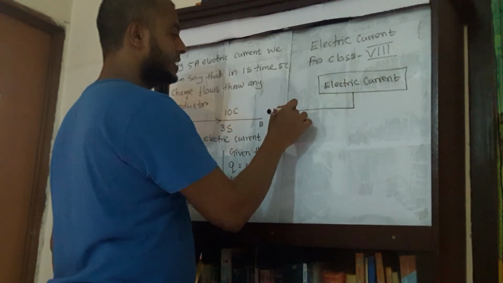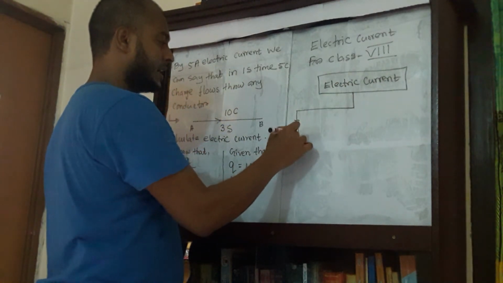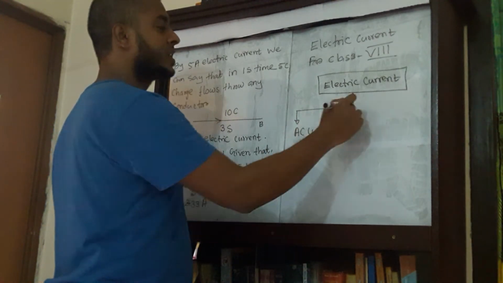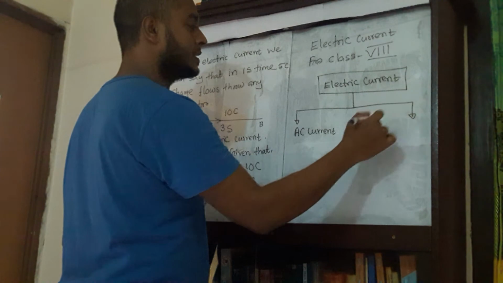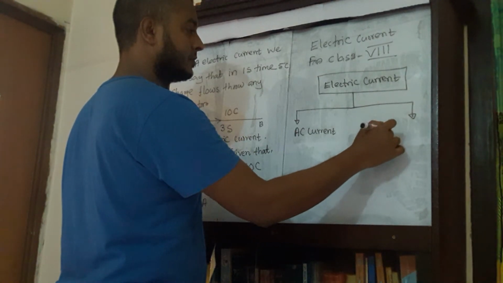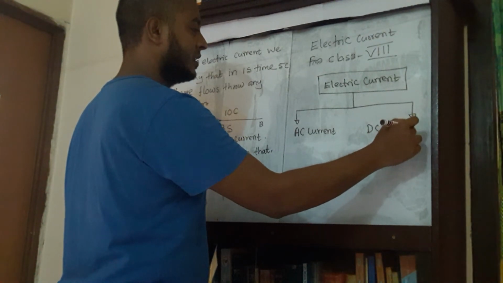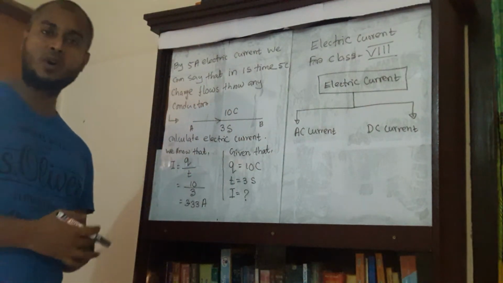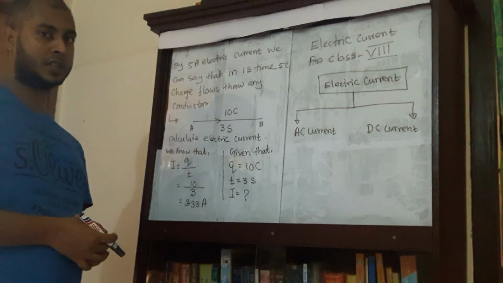The first one is AC current, and the second one is DC current.